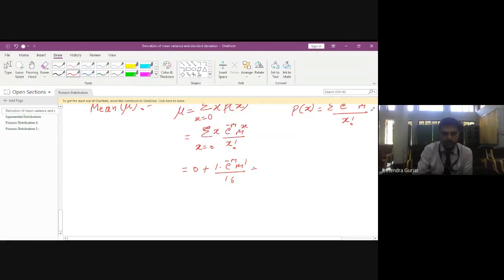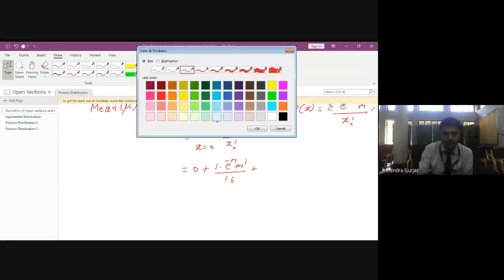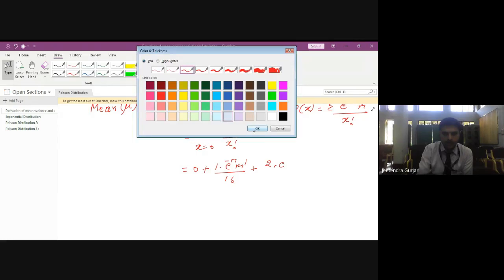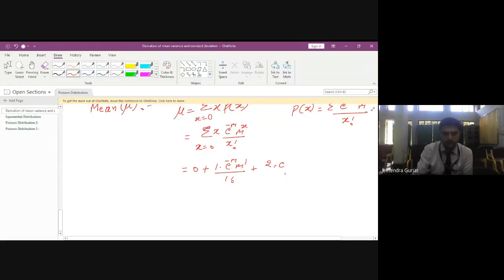So plus, I'm going to take here 2 into e raised to minus m, e raised to minus m as it is.